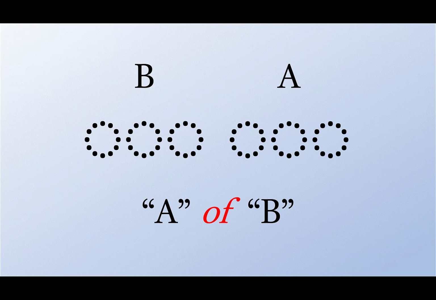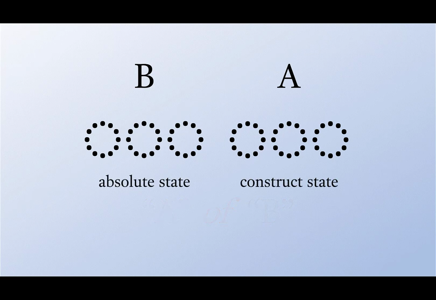Now, an important concept about how these nouns are relating as far as their form goes in a construct relationship is the final noun in a construct chain. So in this case, the B noun is going to show up in the absolute state. And what that means is that the absolute state is the basic form, the dictionary form, the lexical glossary form of the noun.